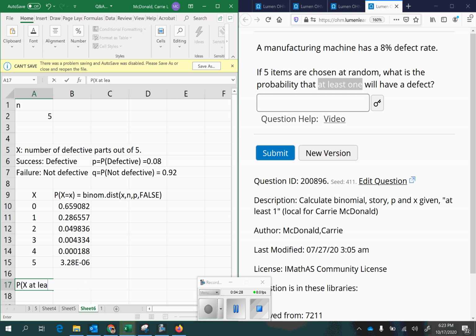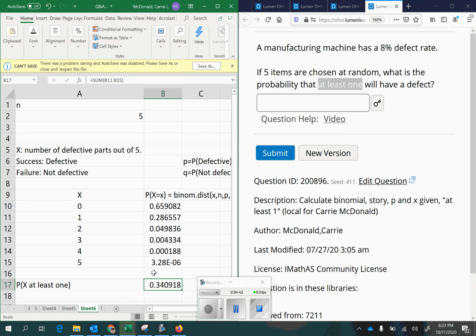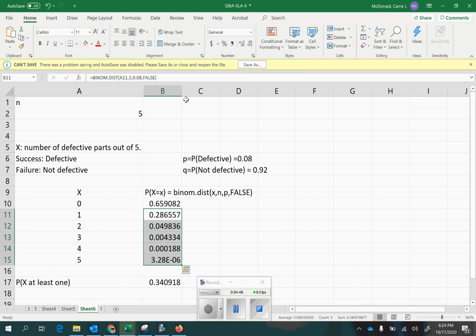So all I have to do then to get this is to add up all the probabilities except for the one where there are no successes. So I added up all of these, right? Okay, so that's how I get that answer.